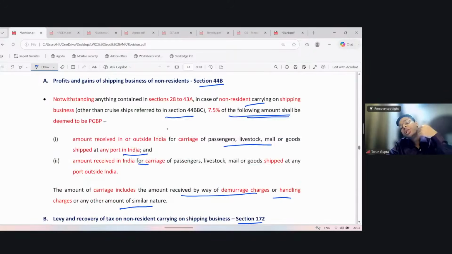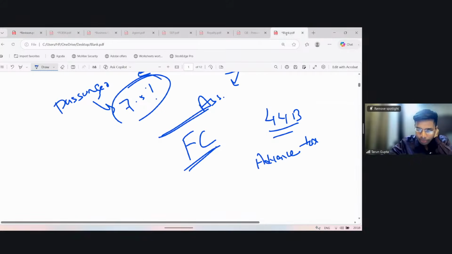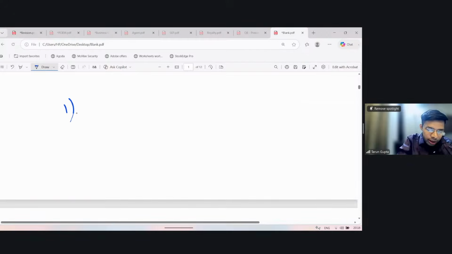So whenever a ship departs from an Indian port, it has to comply with 172. But once it is compliant with 172, it can opt for 44B. Why will it opt for 44B? Because there's some benefit in 44B. What are these benefits? Under 44B, I am allowed set off, which is not there in 172.